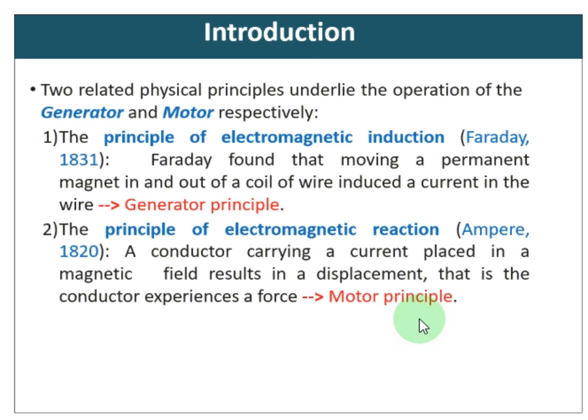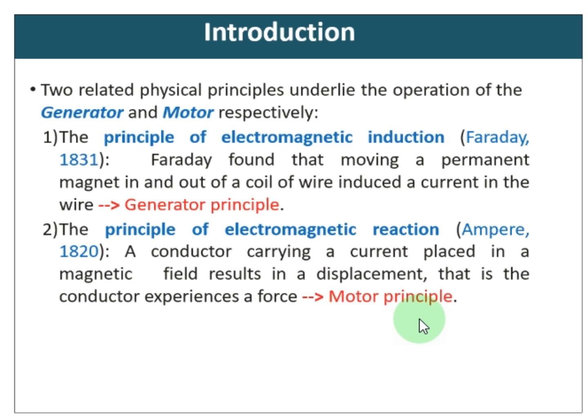The electrical machines, both generators and motors, use two physical principles. The first one is the principle of electromagnetic induction, introduced by Faraday in 1831.